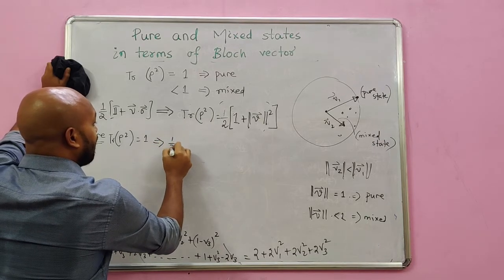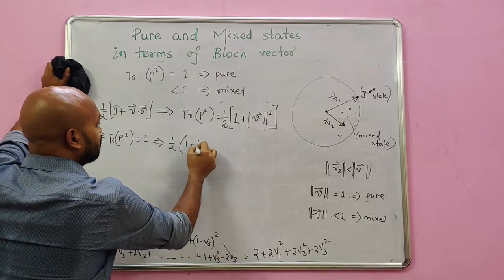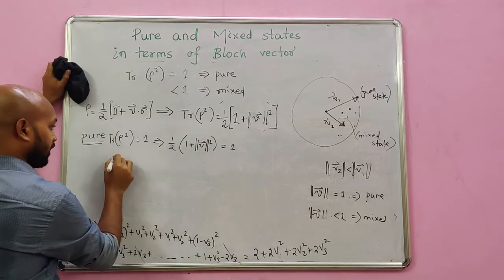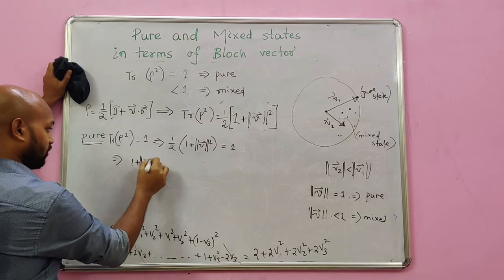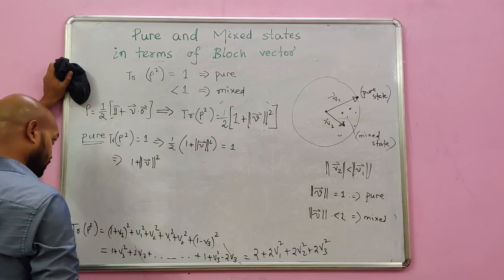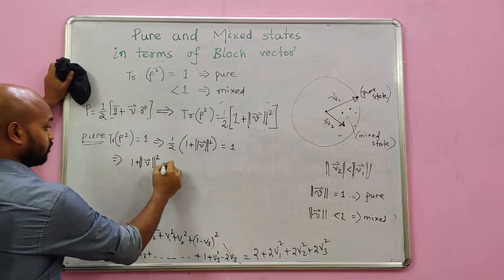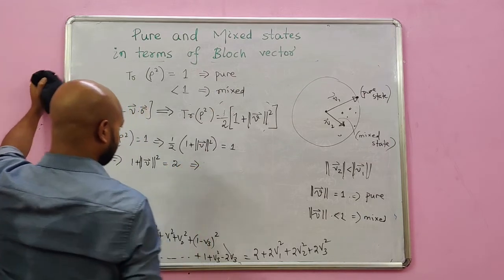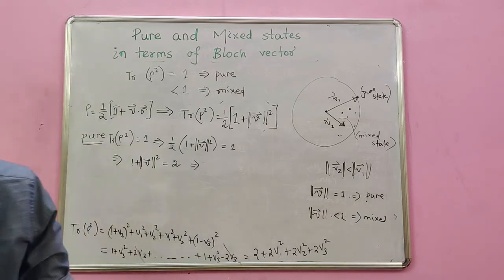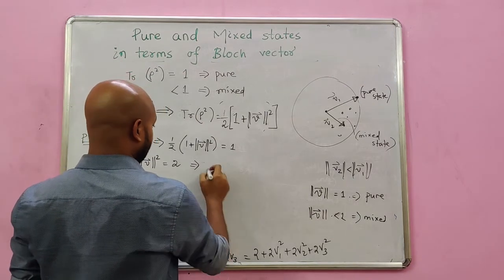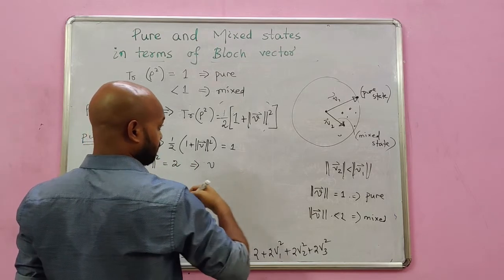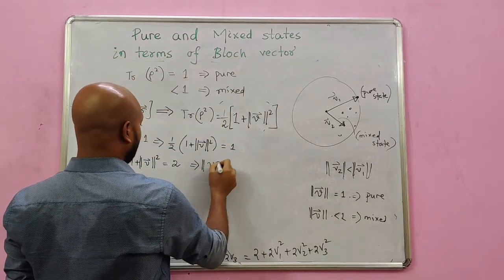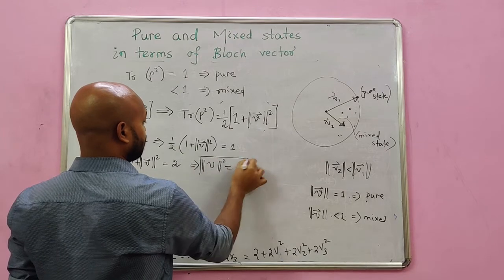So I get half times 1 plus V mod square to be 1, which implies 1 plus V mod square is 2, and thus V mod square equals 1.